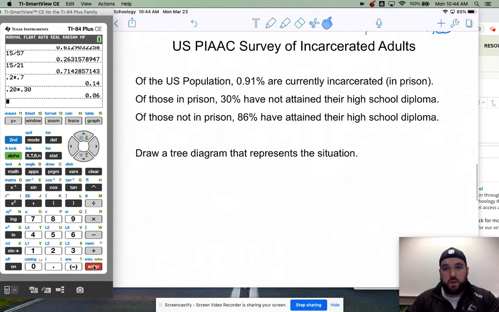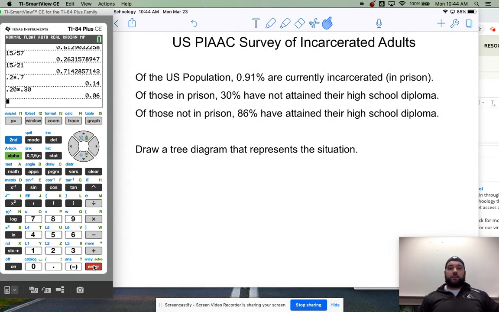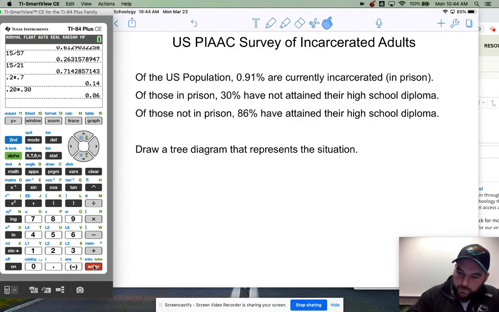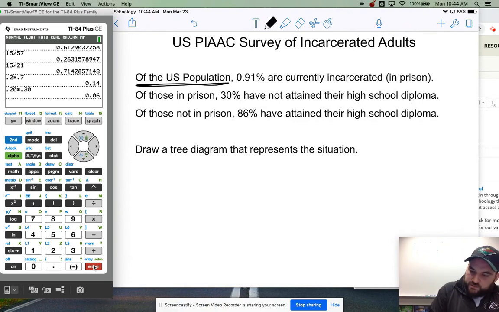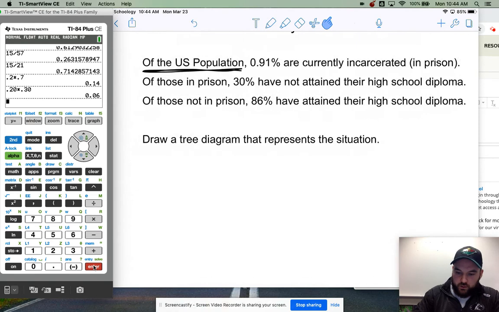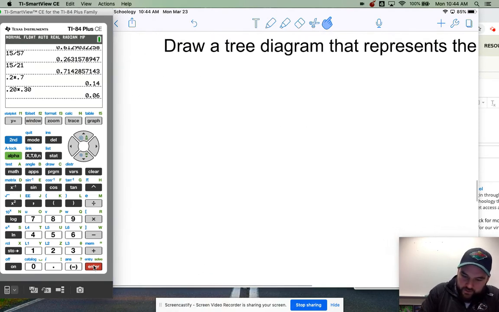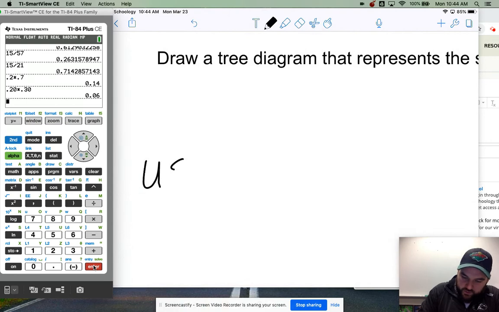All right. So there's a survey of all incarcerated adults, meaning those that are imprisoned. Okay. So the first statement here is of the U.S. population, 0.91% are currently incarcerated, meaning they're in prison. Okay. So if we start this tree diagram, we have the entire U.S. population is who we're starting with.